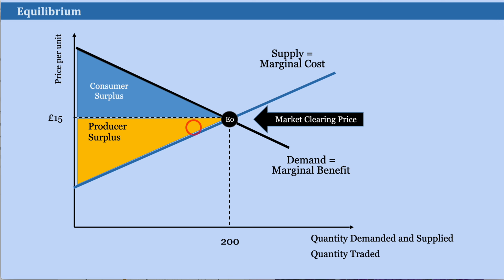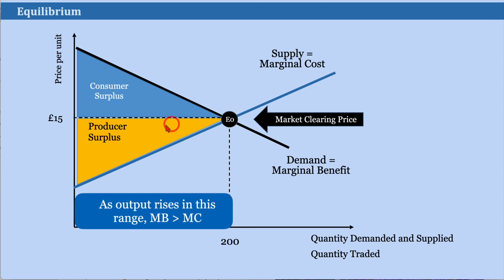And as I say, do remember that the surplus is maximized, but as output rises in this range, going from 0 to 200, the marginal benefit that the consumers are gaining from their consumption is bigger than the marginal cost of the firms producing it. Now, if you remember the whole problem of scarcity, that there's a scarce number of factors of production and unlimited wants, then this is the consumer saying, I value the output up here.